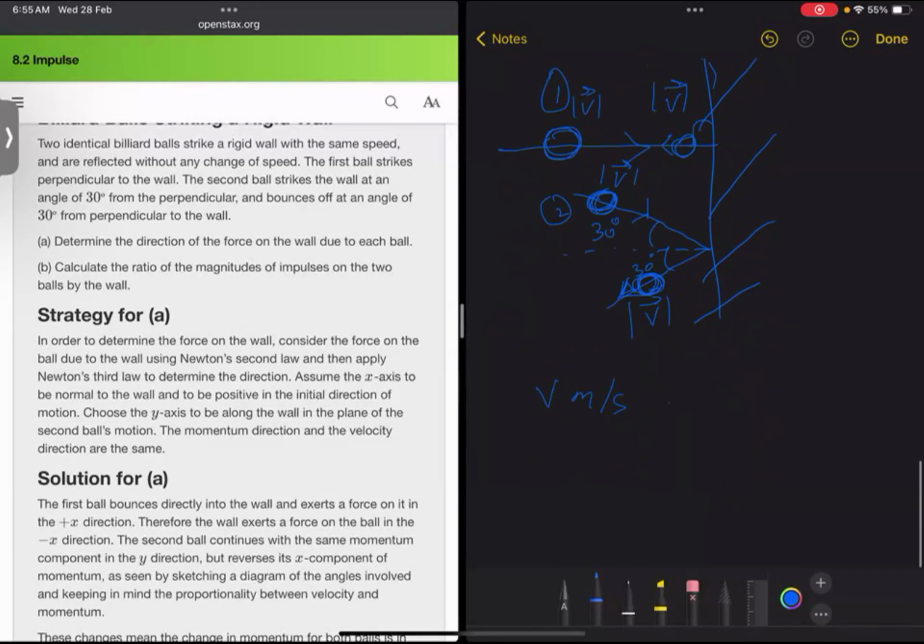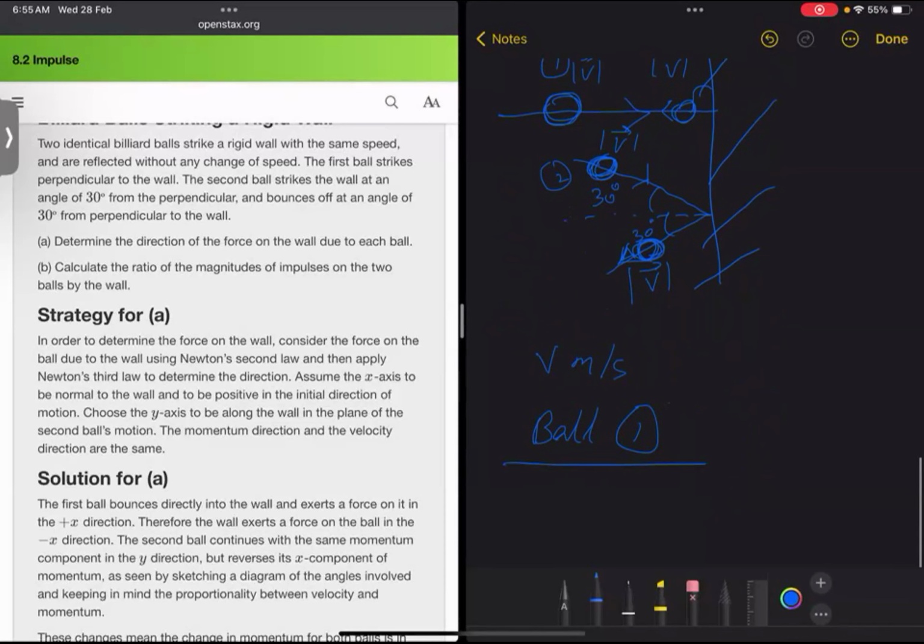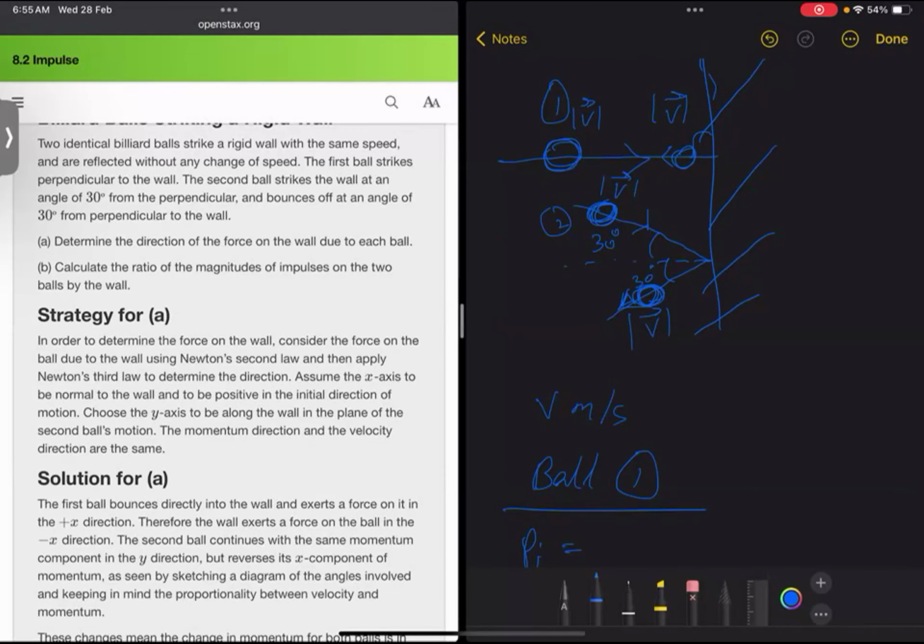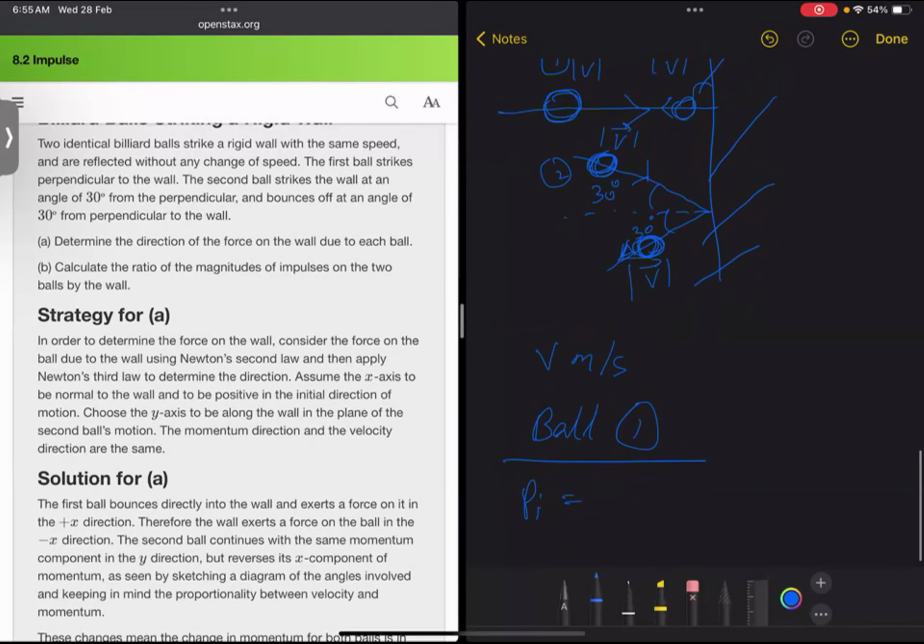For ball one, what is the initial momentum? Let's say the mass of the ball is m.